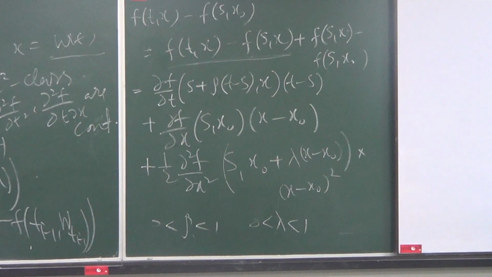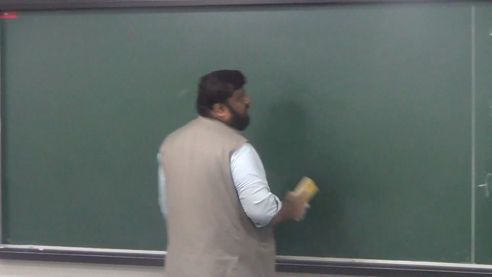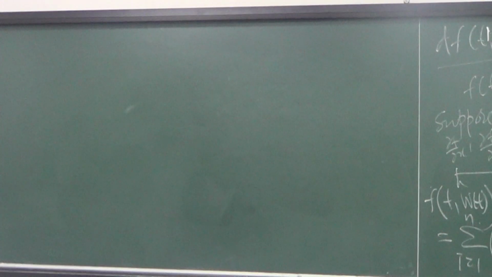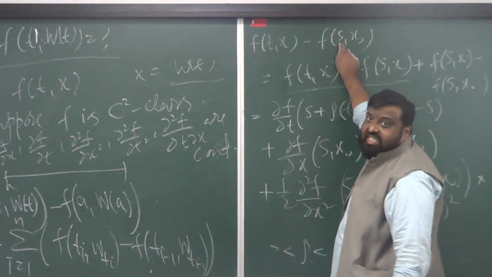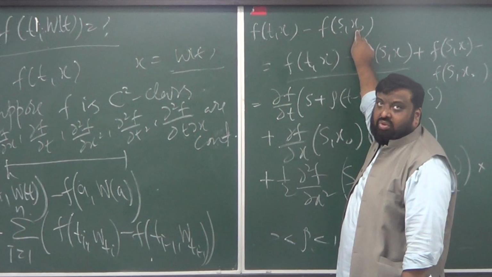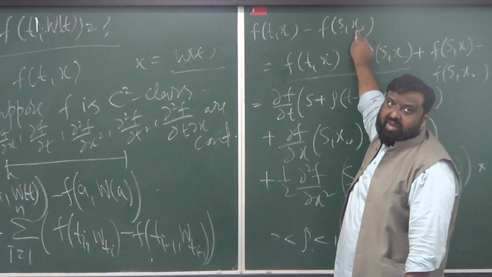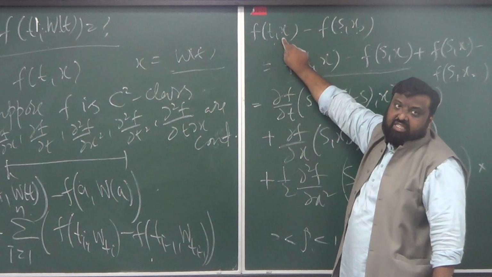So what I'm going to do in this formula is substitute s by t_{i-1} and x naught by W of t_{i-1}, and so t is going to be t_i and x is going to be W of t_i.